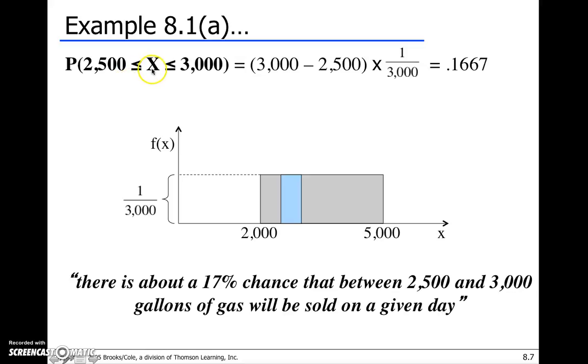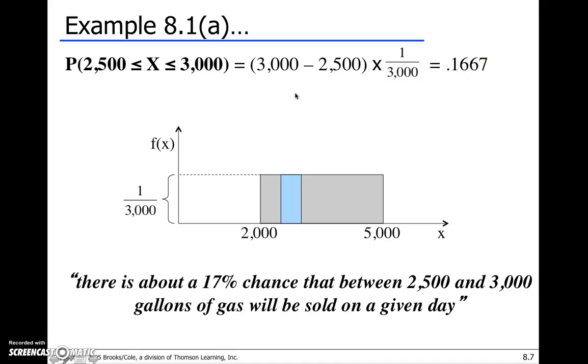The probability that x lies between 2,500 and 3,000 is equal to 3,000 minus 2,500 times 1 over 3,000, which is going to give you 0.1667.